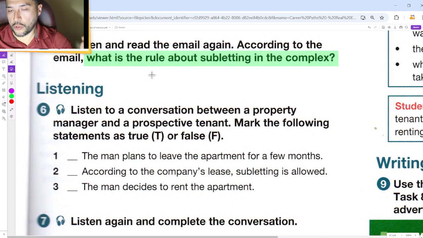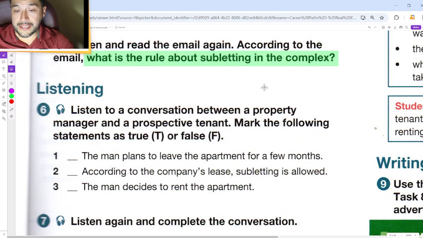What is the rule about subletting in the complex? It is a violation. It is not allowed, not permitted. Subletting is not permitted. Subletting is not allowed in the complex.